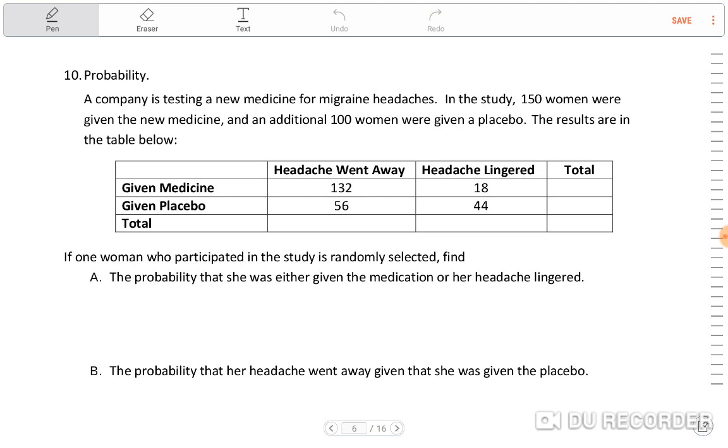So what did it say? Let's see here. Well, let's add these up. 132 plus 56 is 188. 18 plus 44 is 62. 132 plus 18, so this is the people that were given the medicine, and it said 150 were given the new medicine, so when we add those we get 150.